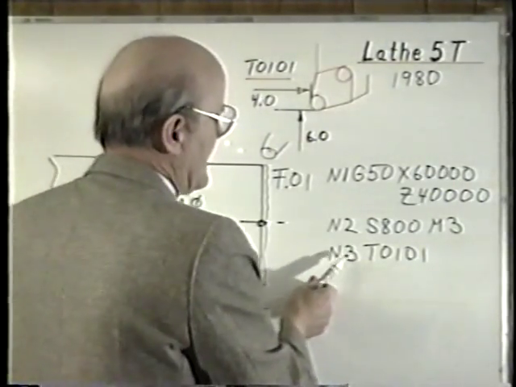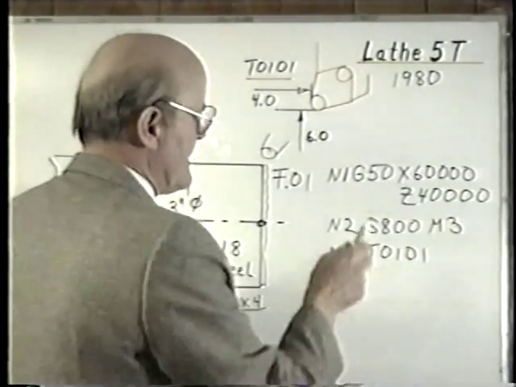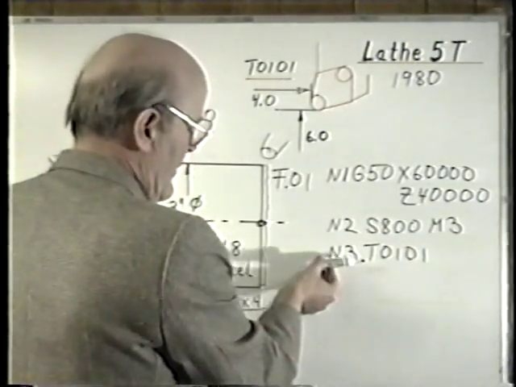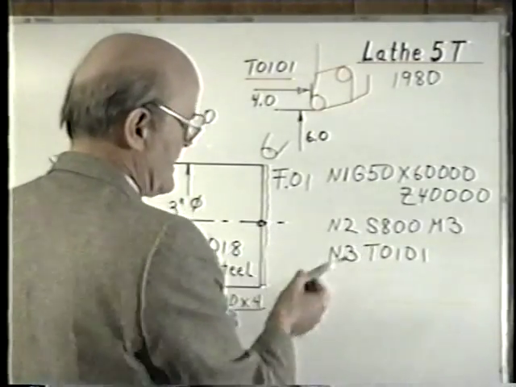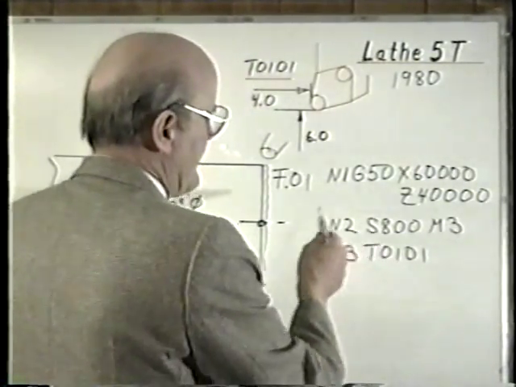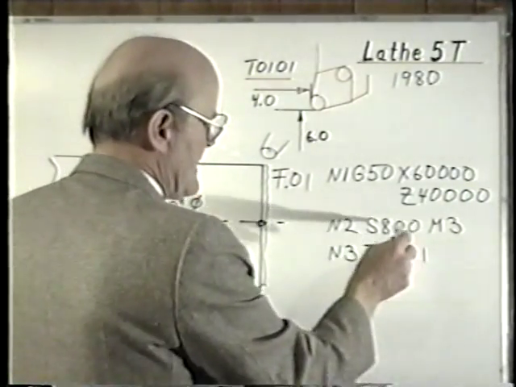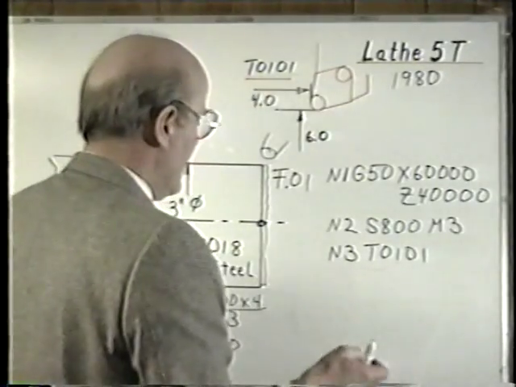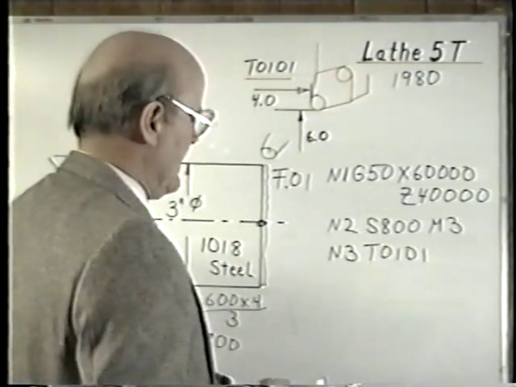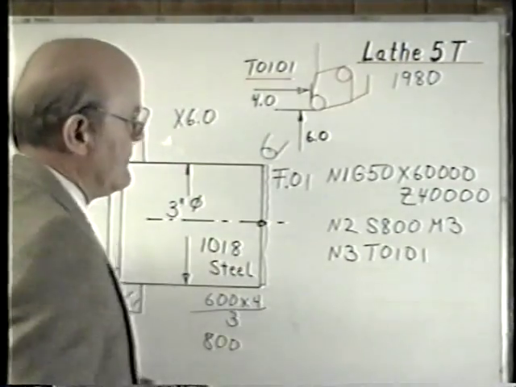We could really start with the tool number and then follow that with the G50. Normally we start with the G50 and then we possibly have the tool here and the spindle speed here. But overall, eventually, we have to get this information in there. It's absolutely important that if we don't have an actual spindle speed called for, of course we won't have a spindle speed. If we don't call for a tool number, then of course we will not have a tool.